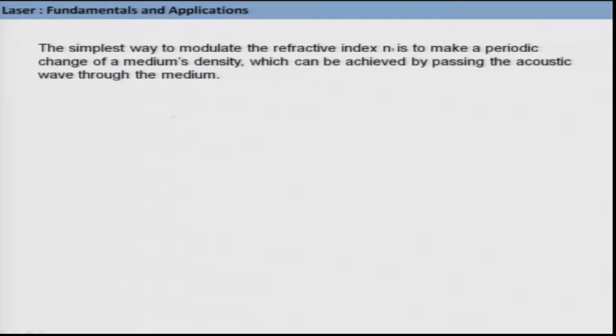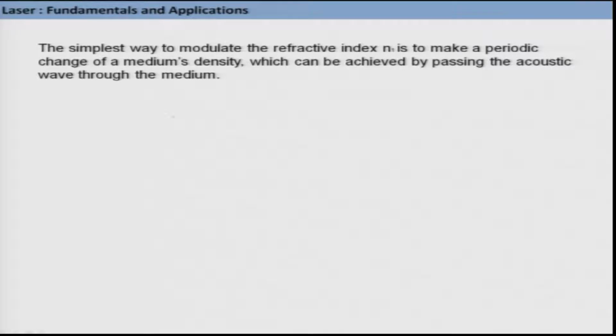Now, all these things we came up to using the simple idea that, by any chance, if we can modulate the refractive index, and we did not know how to do that, right. But we assume that there is something I can use to modulate the refractive index of the medium, which we took as N1.